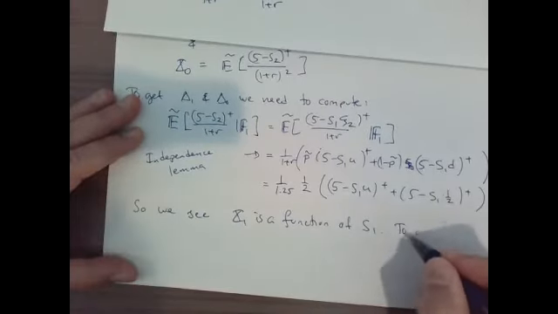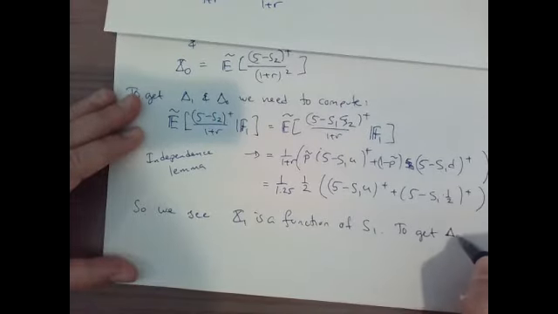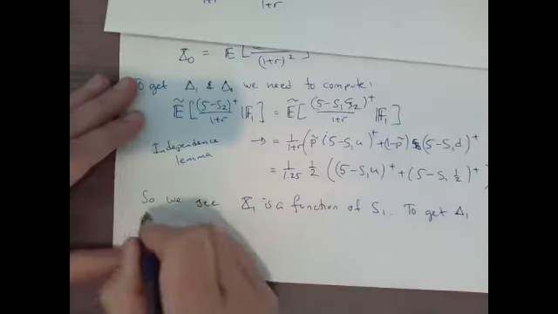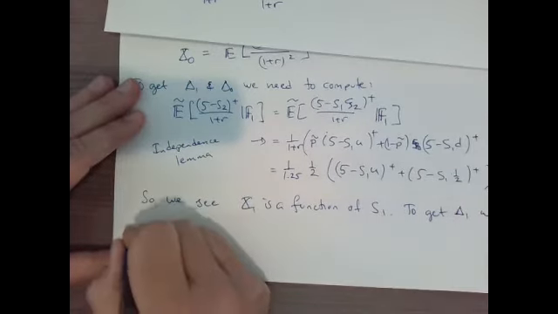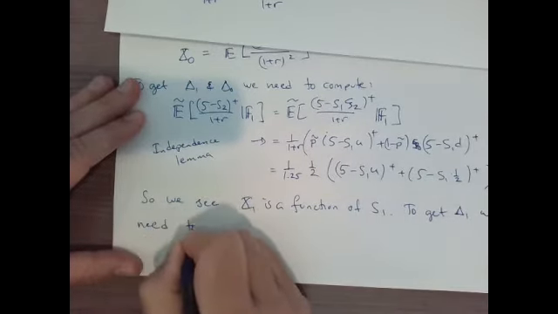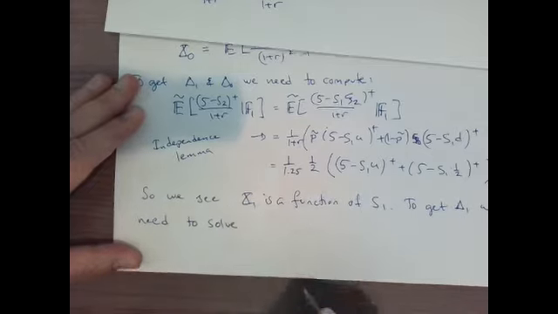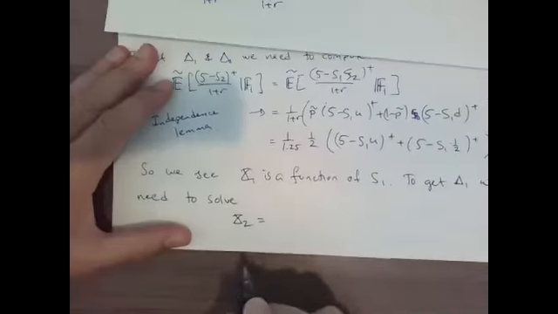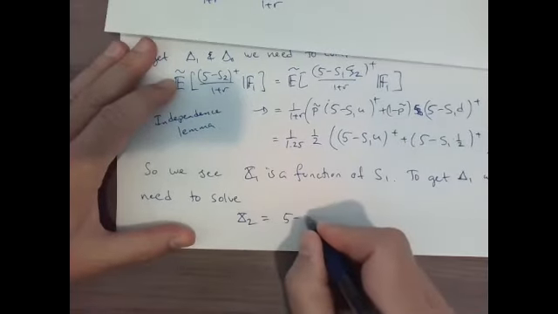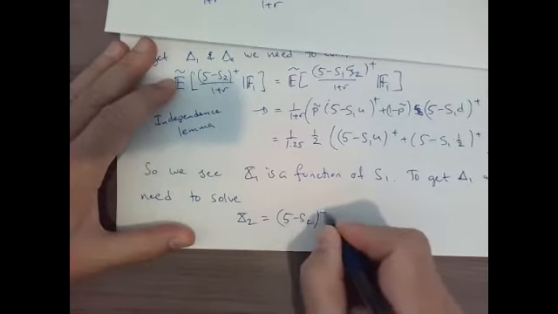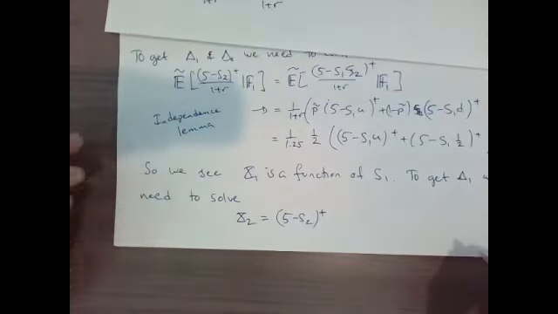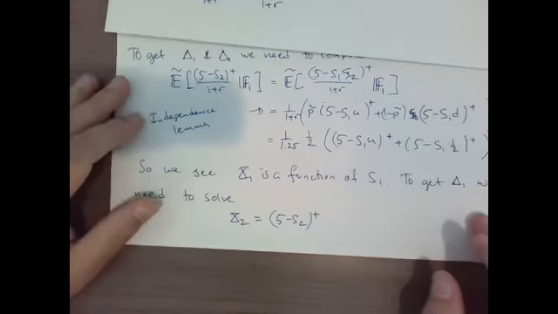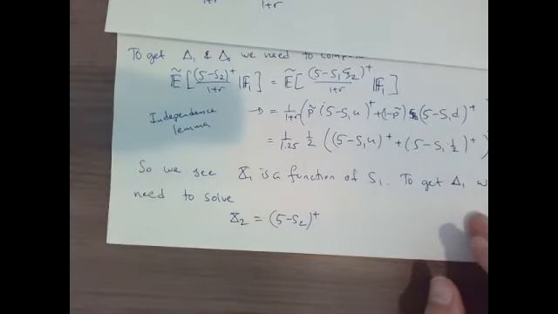So to get delta 1, we need to solve the hedging equations. What do we need to solve? X2 is equal to (5 minus S2) positive part. And we have a formula for X2.